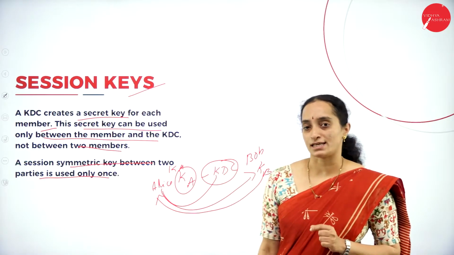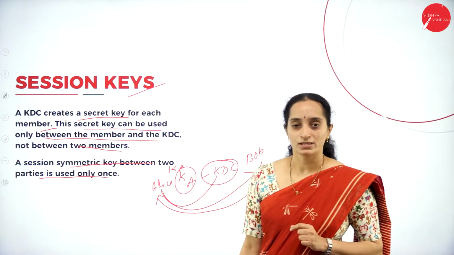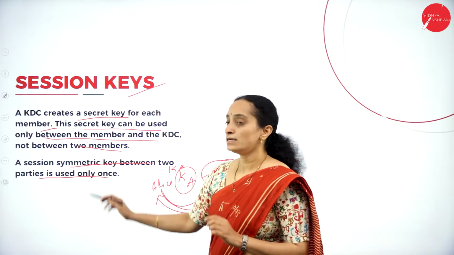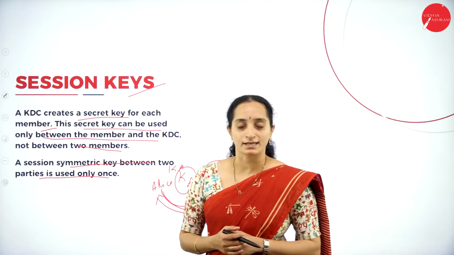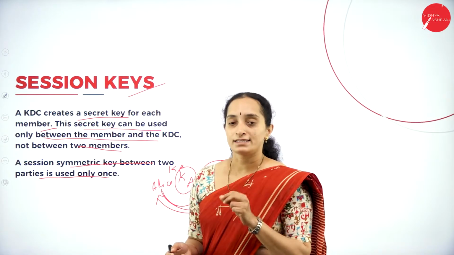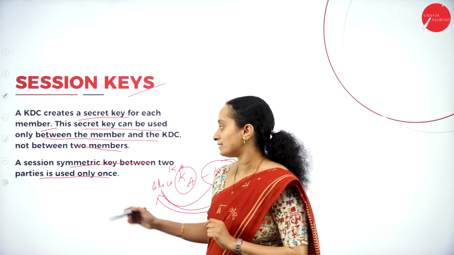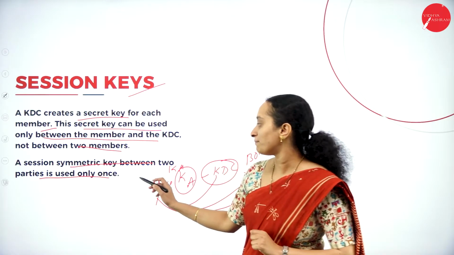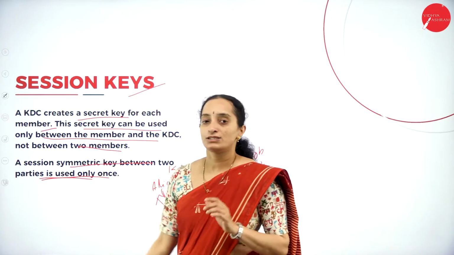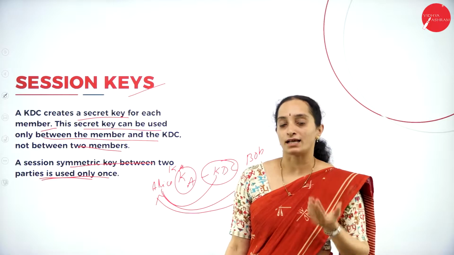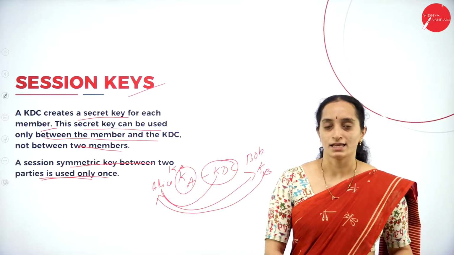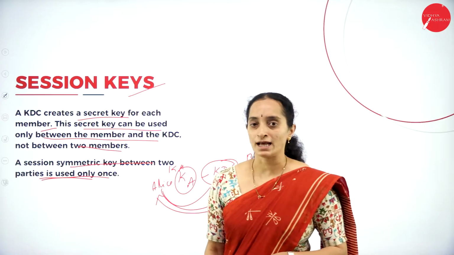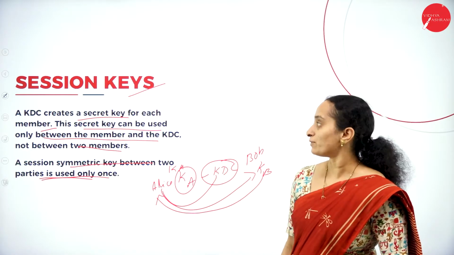For each session, there will be a session key generated. A session symmetric key will be approved by both the sender and the receiver and is generated by the KDC. A session symmetric key between two parties is used only once. When there is another transaction, another session, a new session key is introduced in symmetric key cryptography.